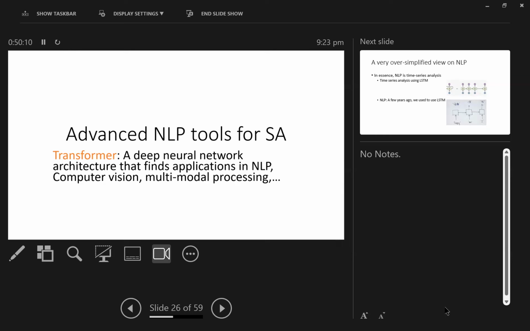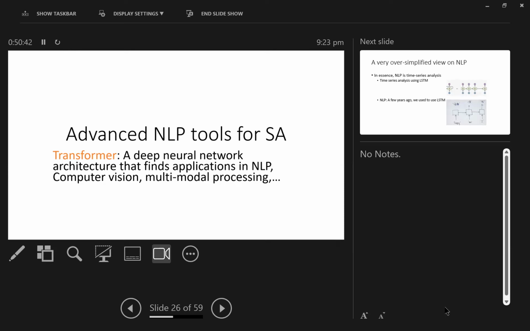Basically, what I'm going to explain here is some of the latest developments in machine learning for natural language processing. As a matter of fact, the major breakthrough in this area of research is the introduction of a new network architecture called transformer.